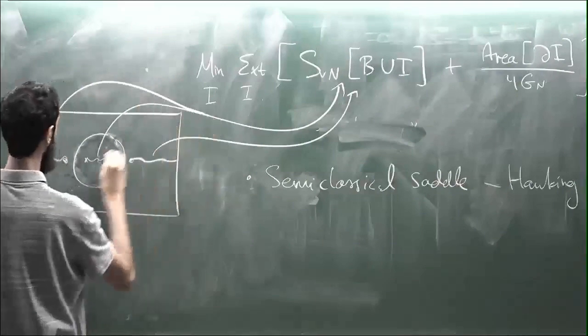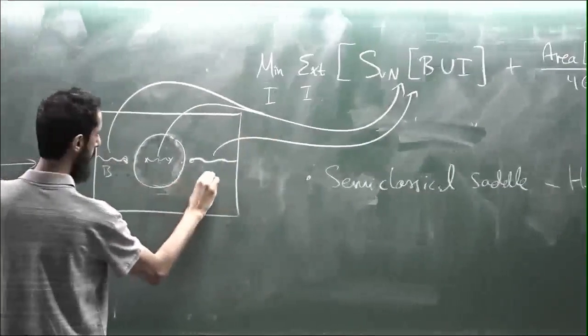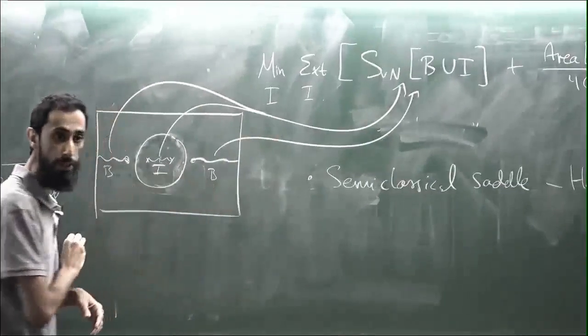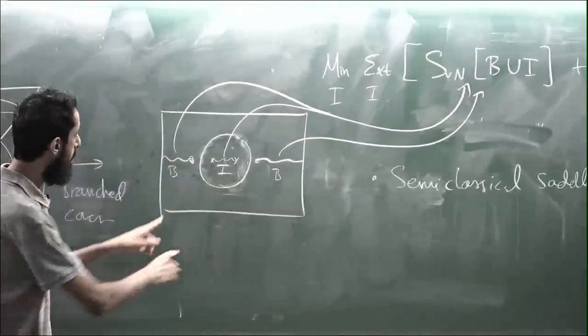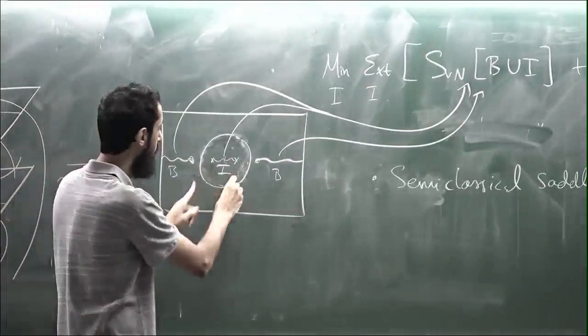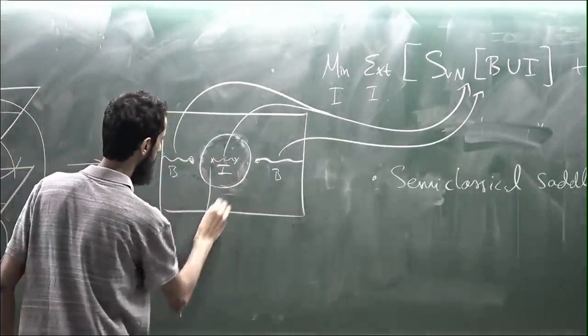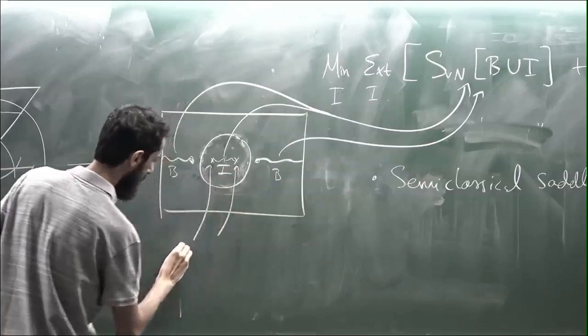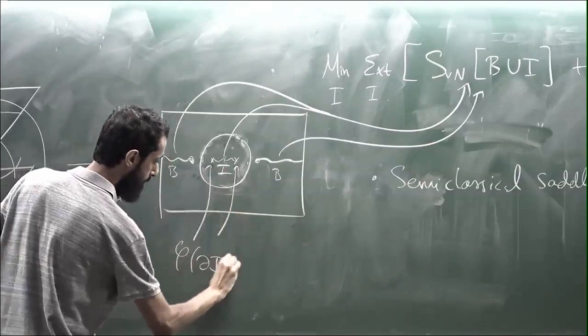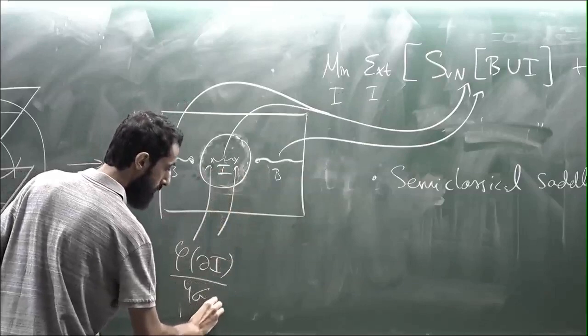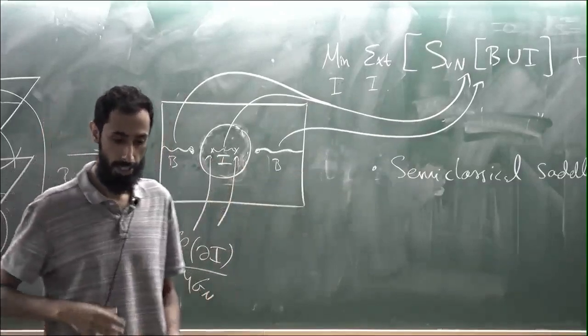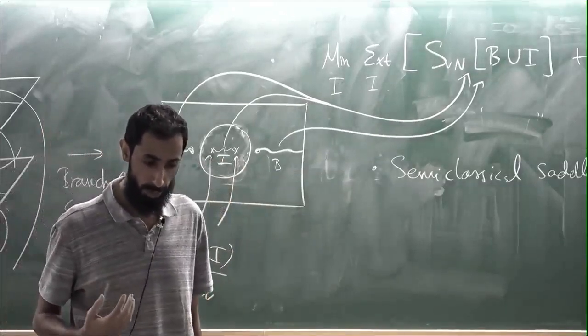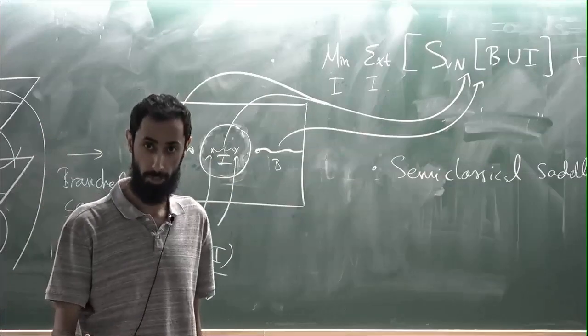This is B, and this is that region I. From the branch points, we get the dilaton contribution of phi at the boundary of I. What gravity is doing for you is that it's dynamically generating branch points and a branch cut.